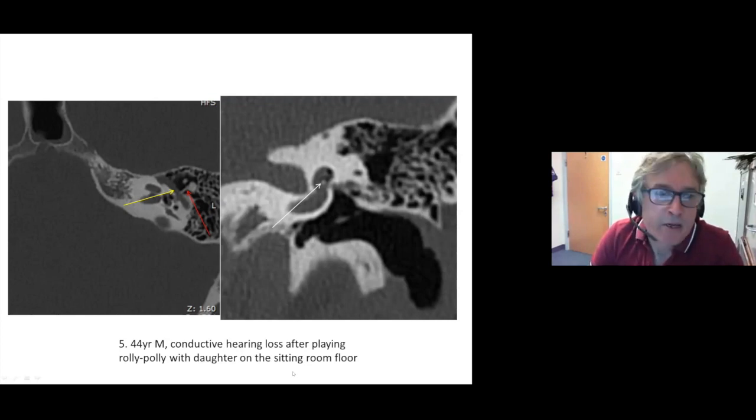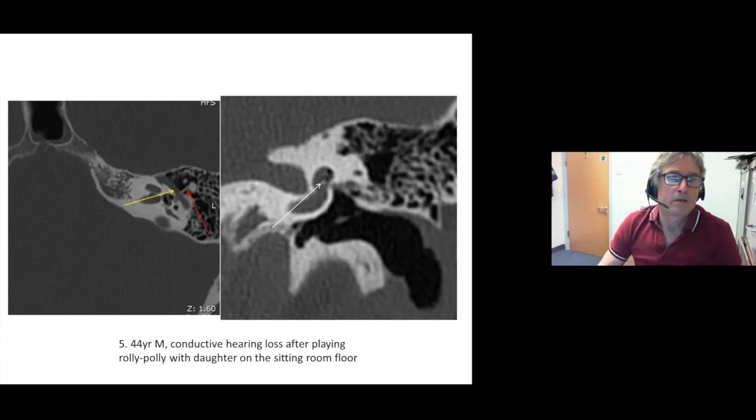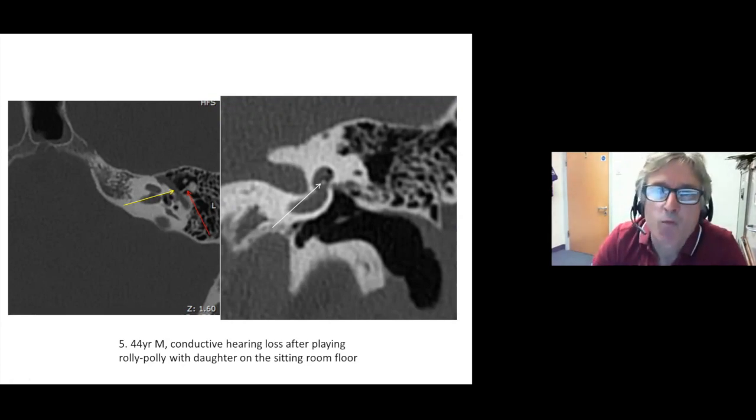Number 5, dangerous sport, 44-year-old bloke who suffered some conductive hearing loss after playing roly-poly with his daughter on the sitting room floor. So we've got 3 different arrows, all differently color-coded, pointing to different structures. What are those structures? And what's the diagnosis?